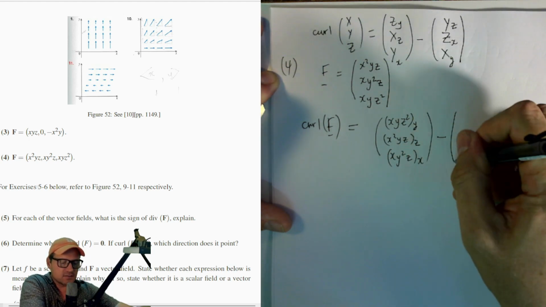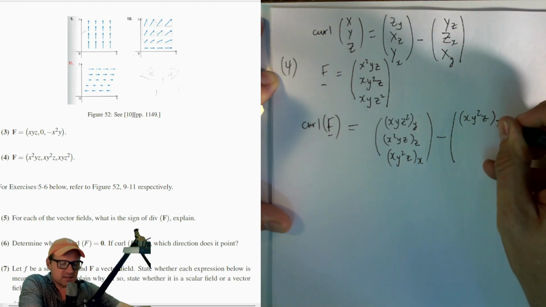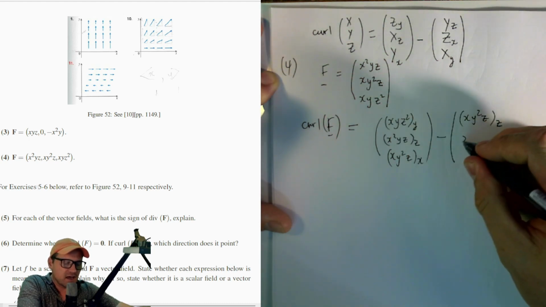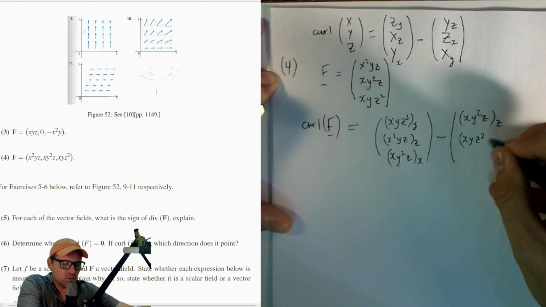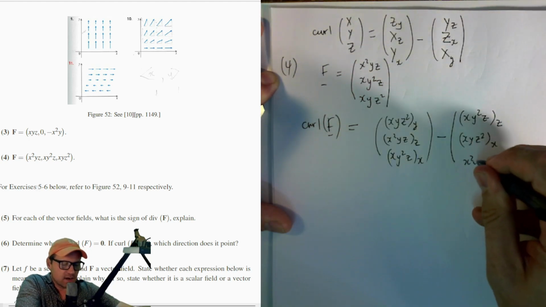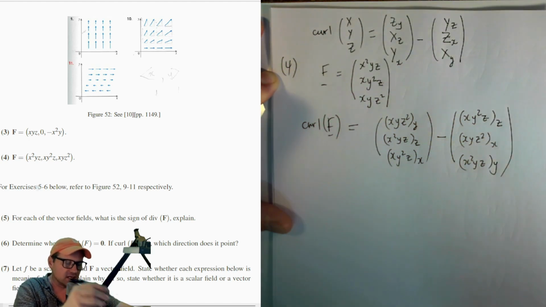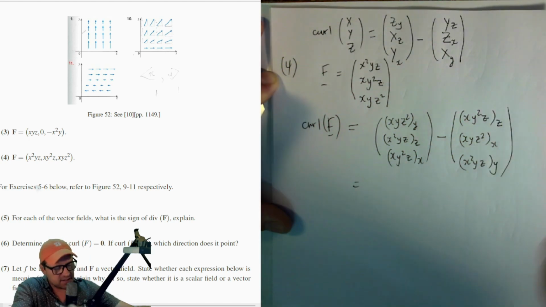Then we subtract the derivative of xy squared z with respect to z, the derivative of xyz squared with respect to x, the derivative of x squared y z with respect to y. Okay, so we calculate each of these partial derivatives and then subtract.